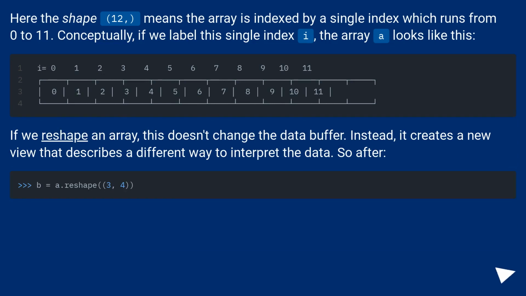Here the shape (12,) means the array is indexed by a single index which runs from 0 to 11. Conceptually, if we label this single index i, the array looks like this.